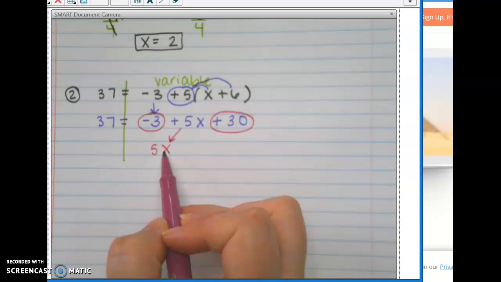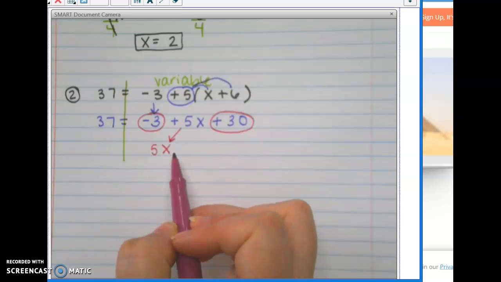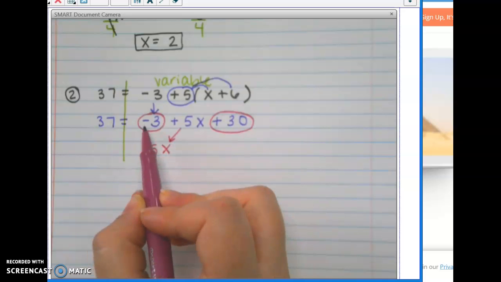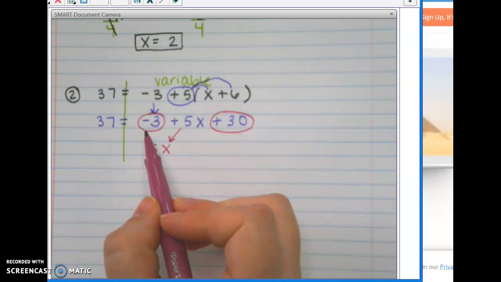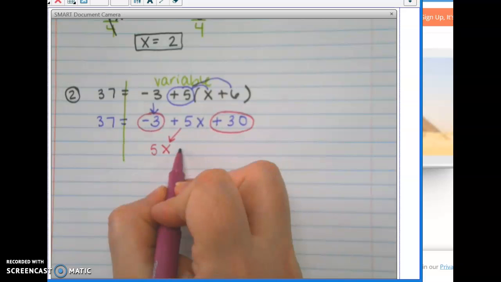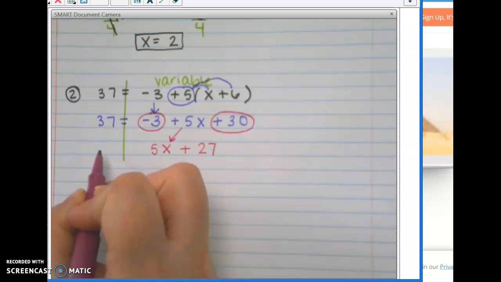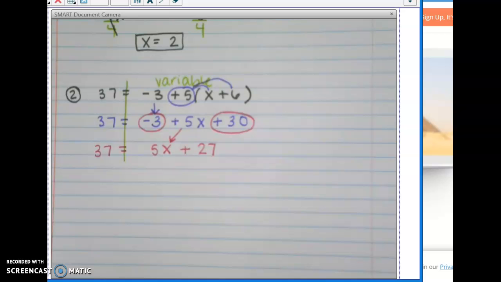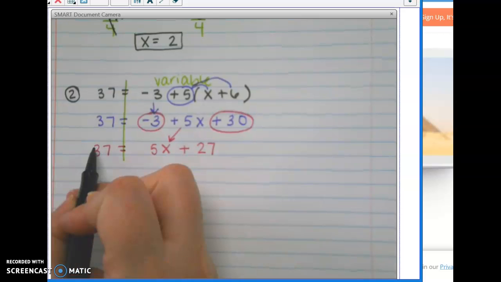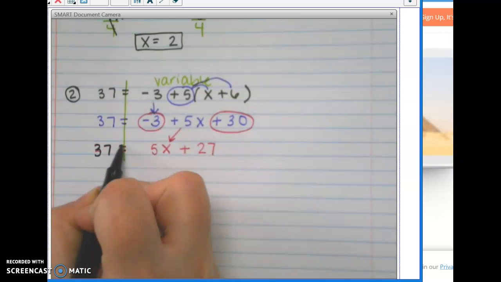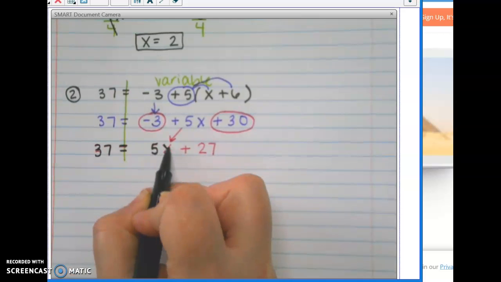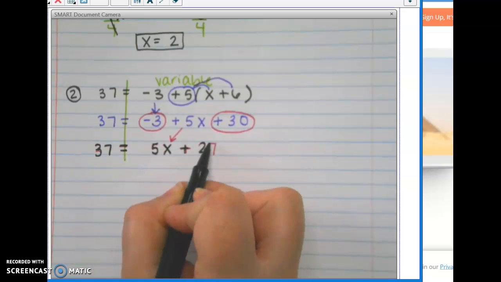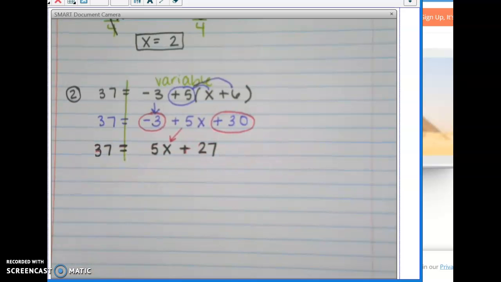When I combine those, that's like doing 30 take away 3, which is positive 27. All right, so after I have distributed and combined like terms, my new equation is 37 equals 5x plus 27.